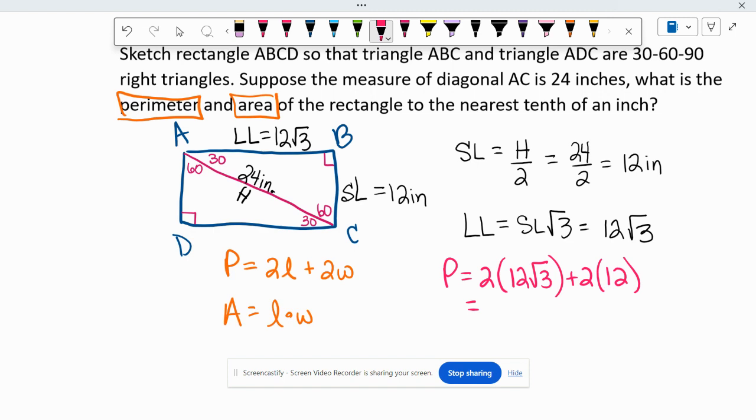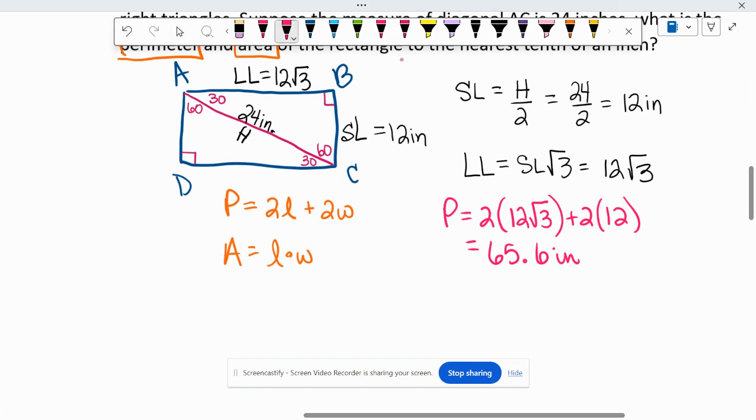I got 65. Okay, I did it wrong. You were right. What did you get again? 65 point what? I'm going to give you 1 extra credit point. 65.6 inches.